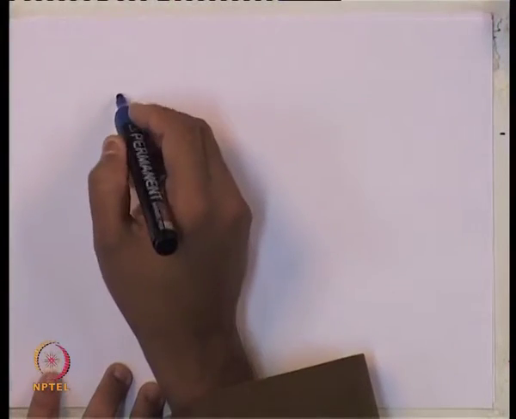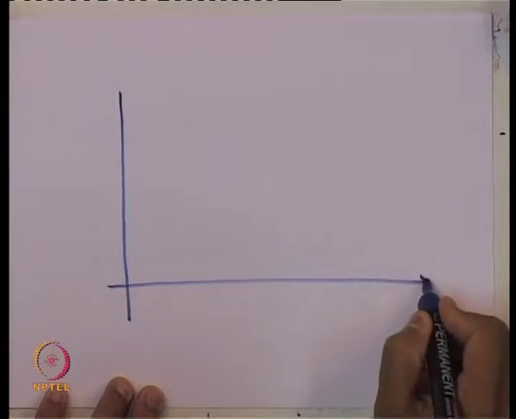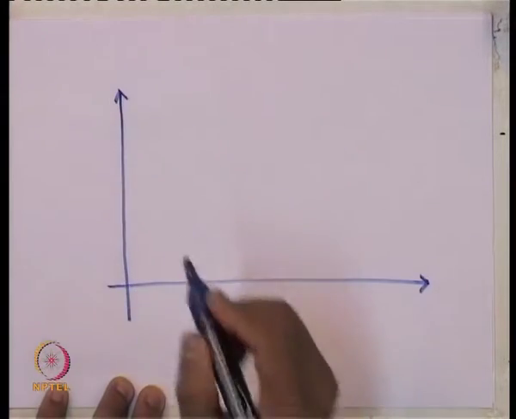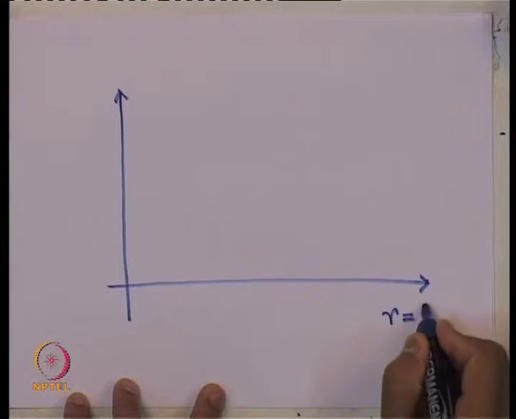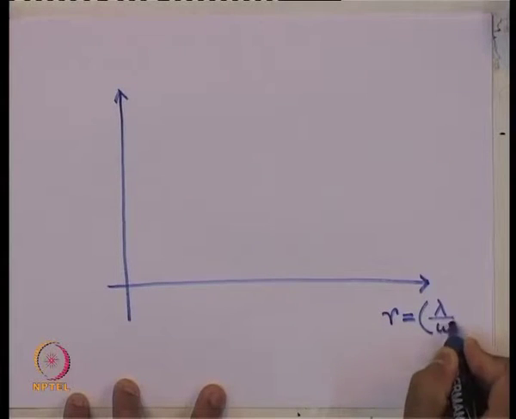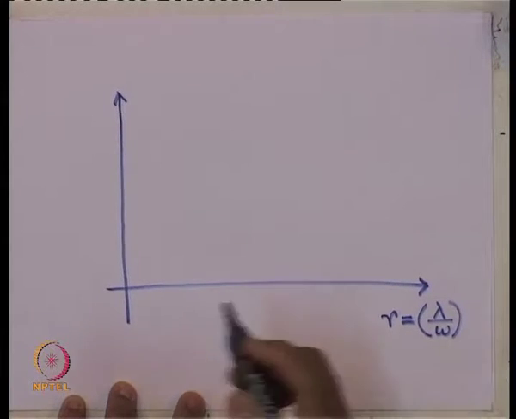Let me draw it once again. To understand the physical significance of different parameters involved in the dynamic magnification factor, because that will finally help us in the design process to decide which parameter we have to control or which parameter we have to properly consider for a good design of any system which is subjected to this kind of harmonic excitation or forced vibration with harmonic excitation.